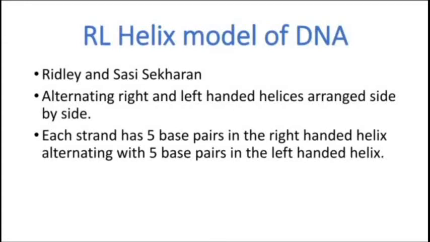Each strand has 5 base pairs in the right-handed helix, alternating with 5 base pairs in the left-handed helix. This model has some advantages. During replication, the DNA duplex unwinds without twisting around each other. The second advantage is that this model helps in the supercoiling of eukaryotic chromosomes without the presence of kinks or irregular helix.